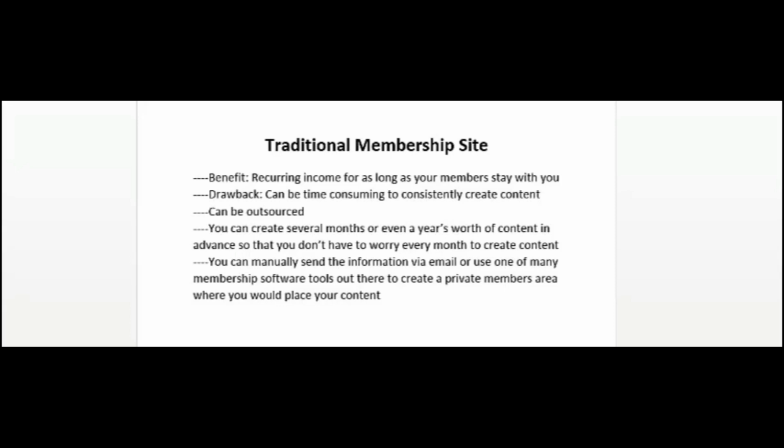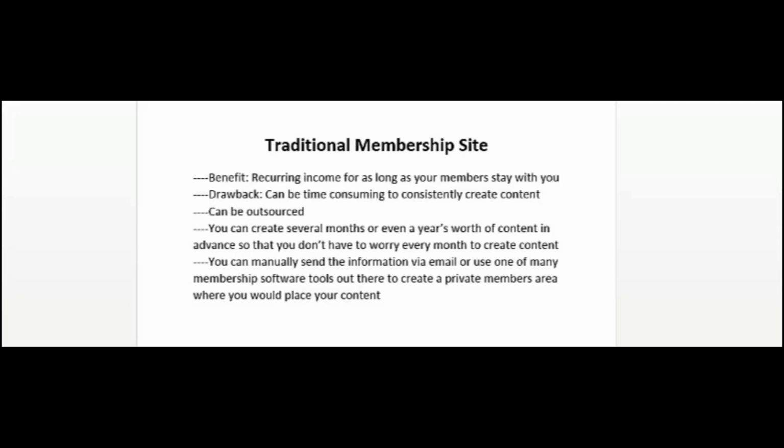You can also create several months or even a year's worth of content in advance, so that you don't have to worry every month about creating new content. In terms of sending the content to your members, you can send it via email, which does take a bit of work. But then again, having a business is like a job.